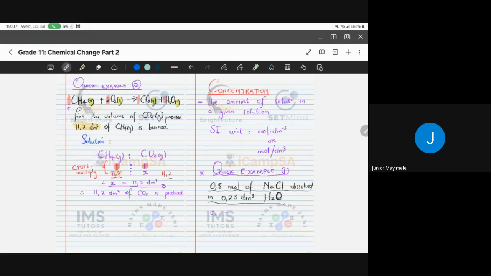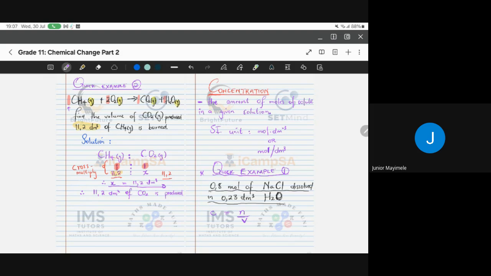Concentration C is N over V, where N is the number of moles in a given solution, right?